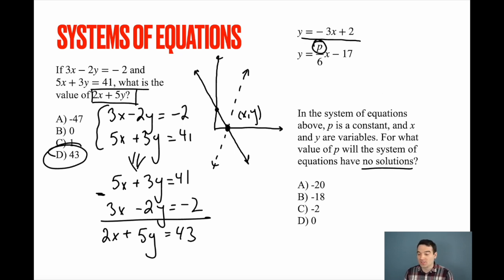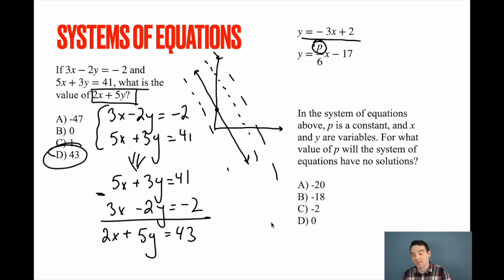They don't have any solutions. Well, if they don't intersect, that means the lines are parallel, right? I want these lines to be parallel. What value of p is going to make it so that these two lines are parallel?